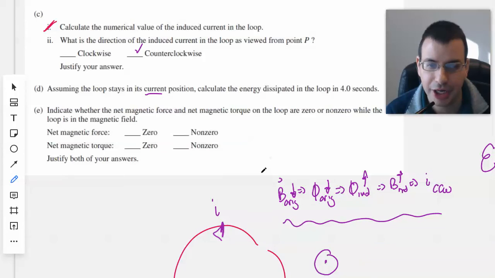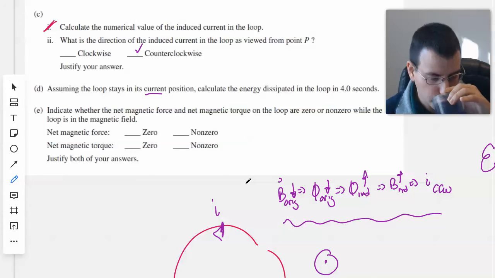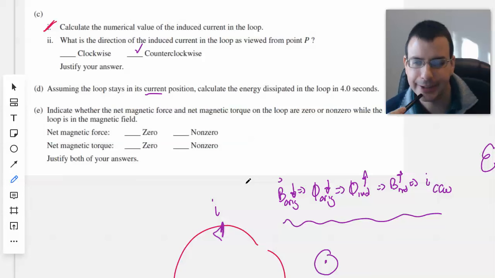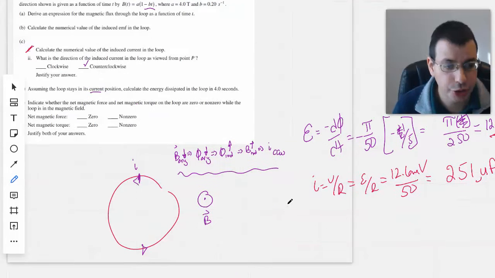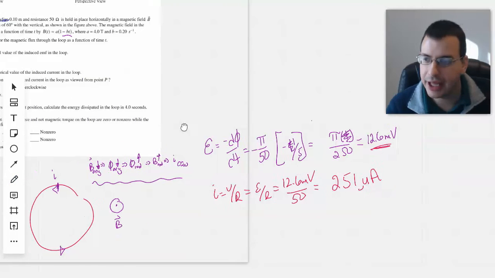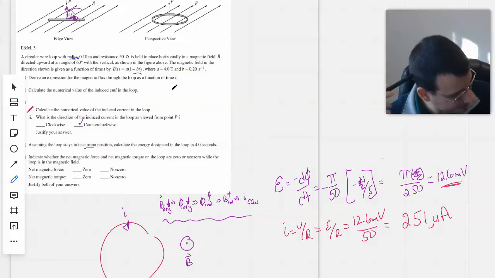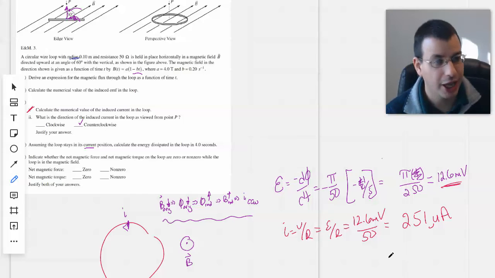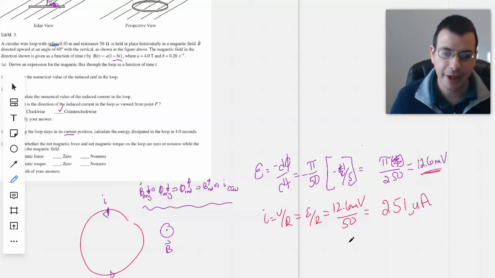Calculate the energy dissipated in the loop in 4 seconds. Okay. So we know what the current is, and we have a constant induced EMF because the derivative of the magnetic field with respect to time is constant, and the EMF is the negative d flux dt.